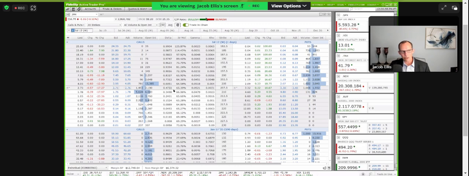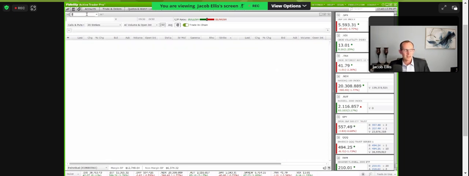Gamma is moving the range bound delta to 0 or 100. When it moves by $1 here on a $200 stock, that's not as meaningful as a $1 move on a $10 stock. Let's jump over and take a look at Ford Motor, a lower dollar stock.